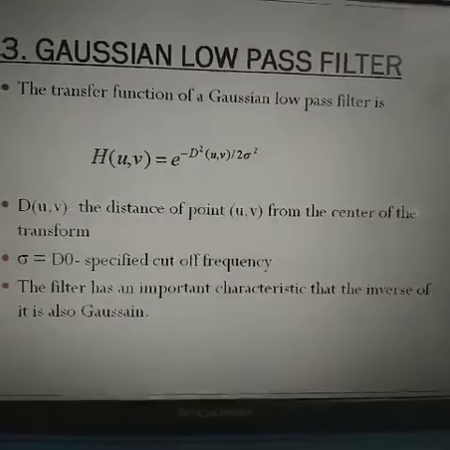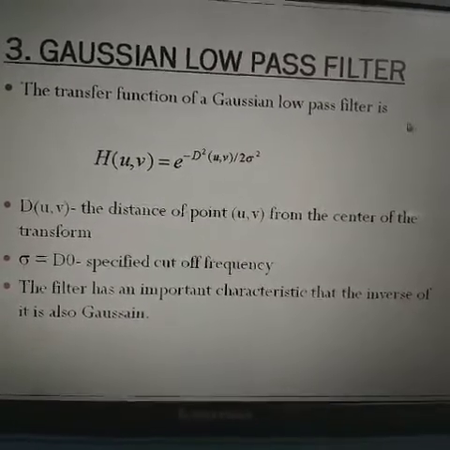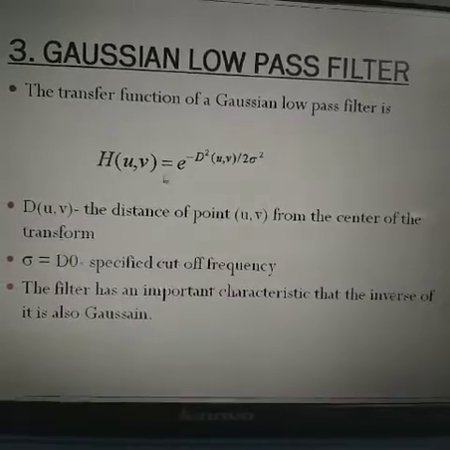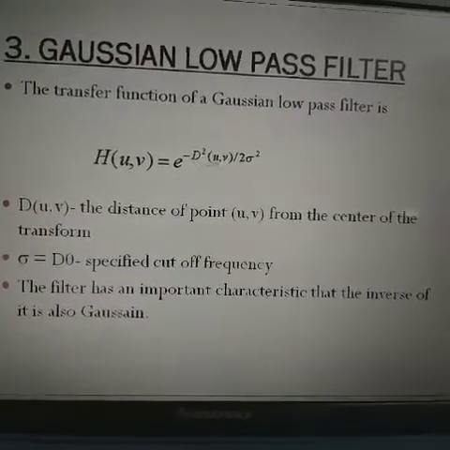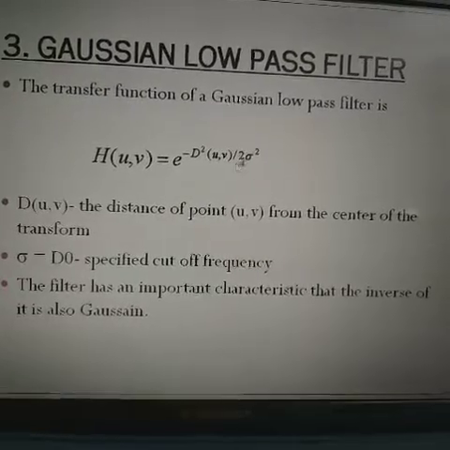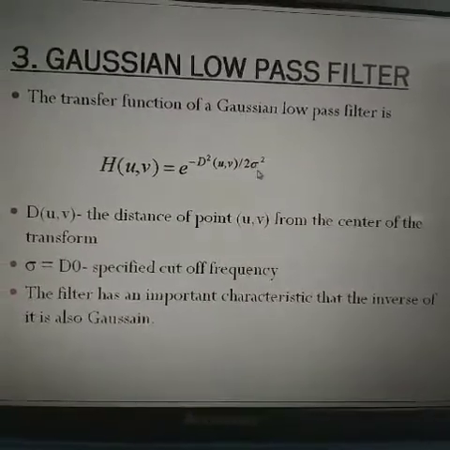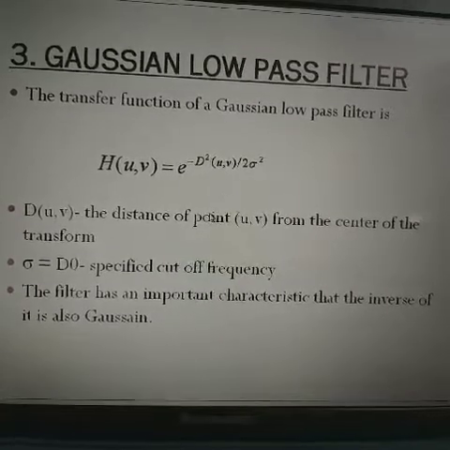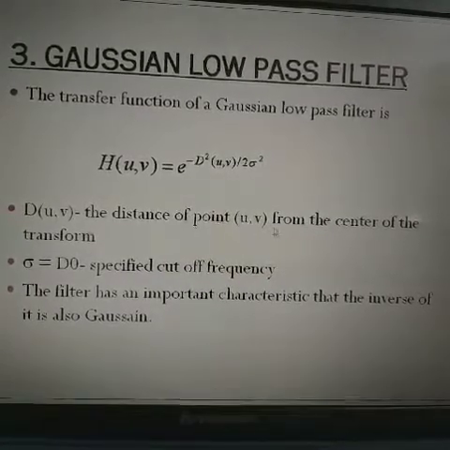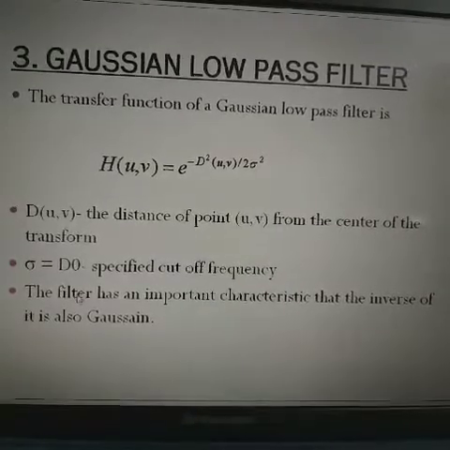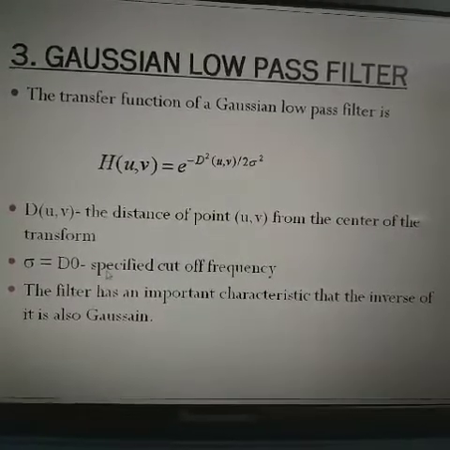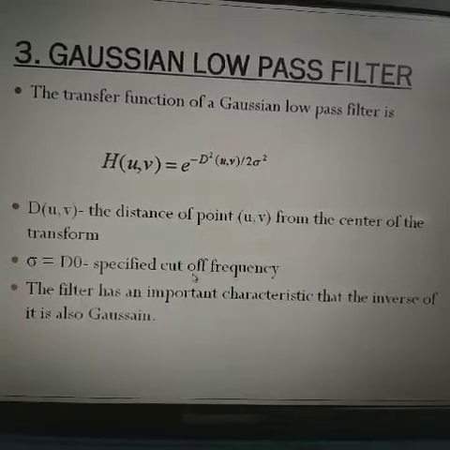So the transfer function for the Gaussian low pass filter is H(u,v) equals e to the power minus D squared(u,v) divided by 2 sigma squared, where D(u,v) is the distance of the point (u,v) from the center of the transform, and sigma is equal to D naught, the specified cutoff frequency.